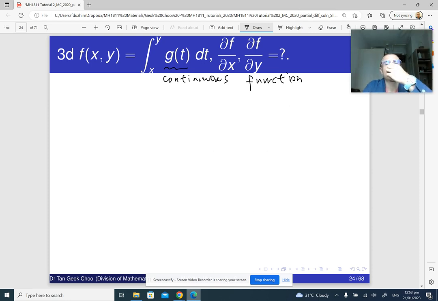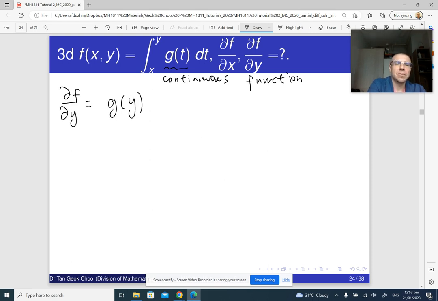It tells us that the derivative of an integral with respect to its upper limit of integration is just the integrand. So basically, df/dy is just g of y. That is just the fundamental theorem of calculus.